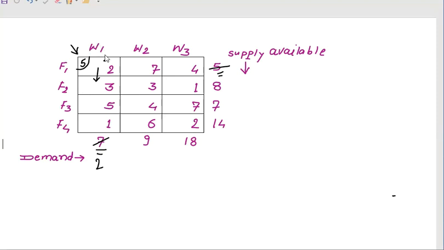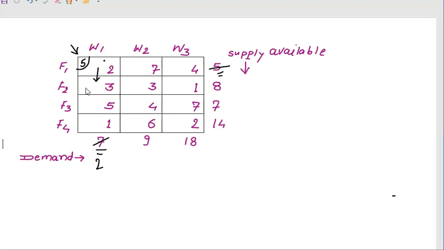And at the warehouse W1, total requirement is 7. Out of 7, 5 units are transported. Now still there is a requirement of 2 units. So we will transport the remaining 2 units from the second factory now, right? So available quantity at the factory F2 is 8 and the requirement at this warehouse is 2.